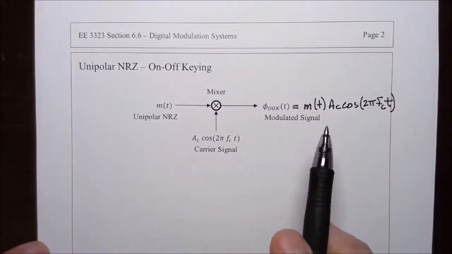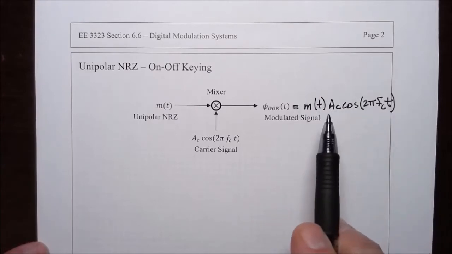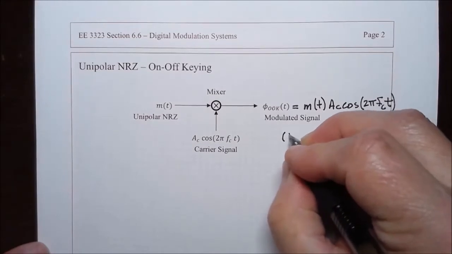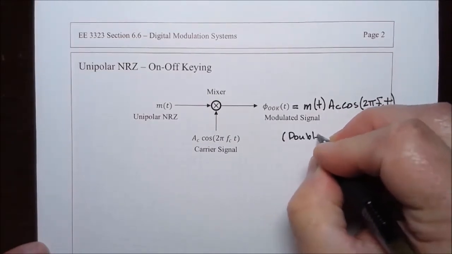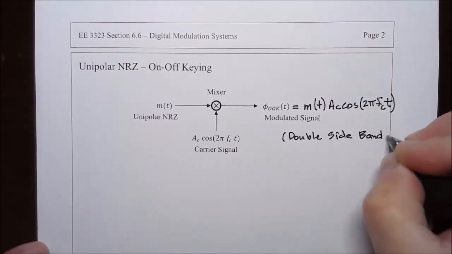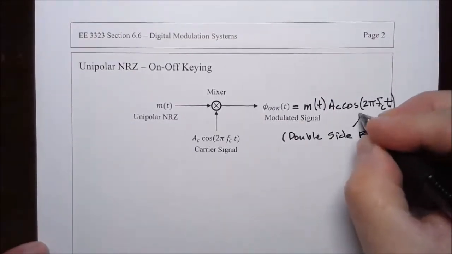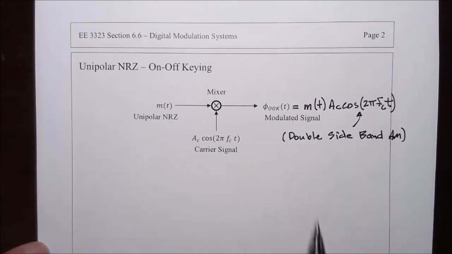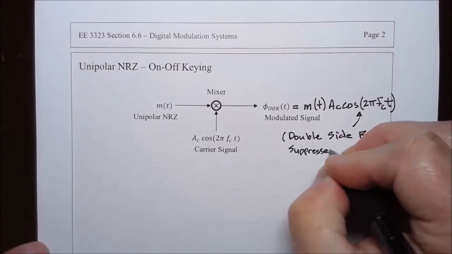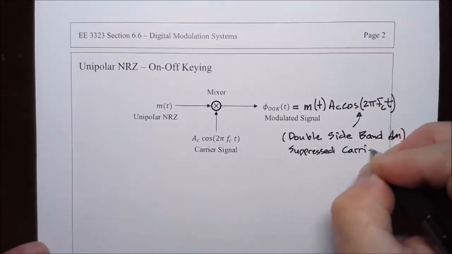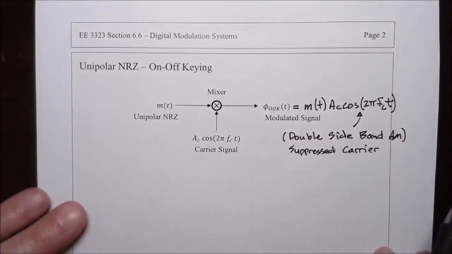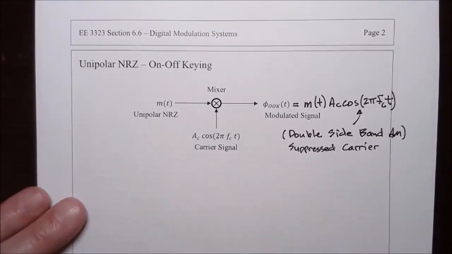Okay, and this is exactly the same kind of equation we had for double sideband amplitude modulation. Not large carrier, this is a suppressed carrier. Okay, that's the first form of modulation we looked at many moons ago.